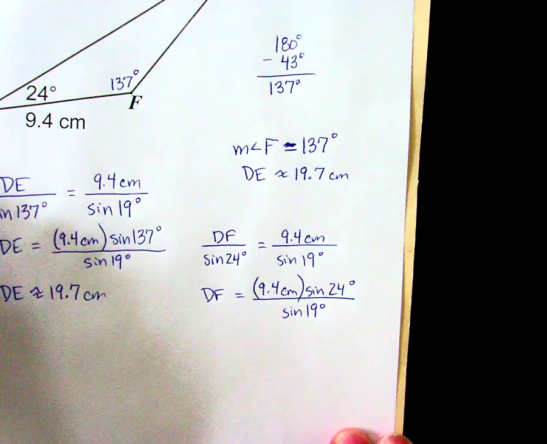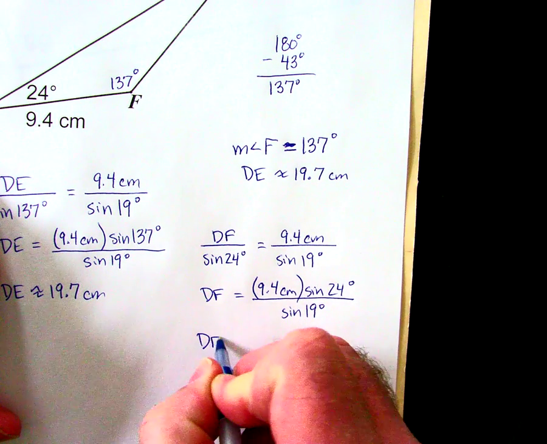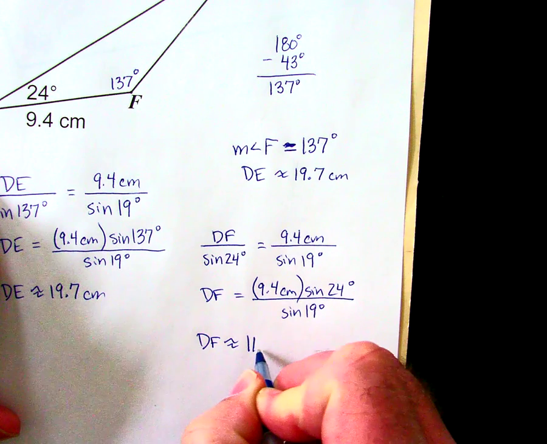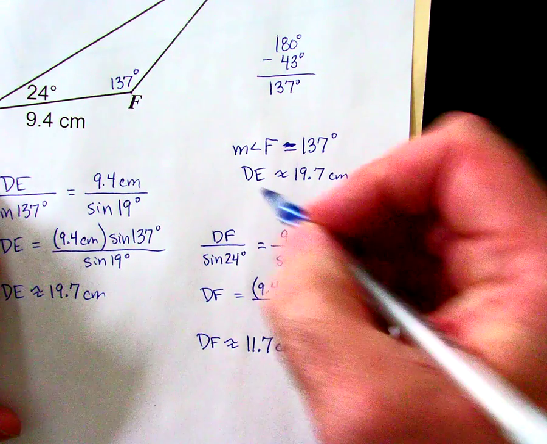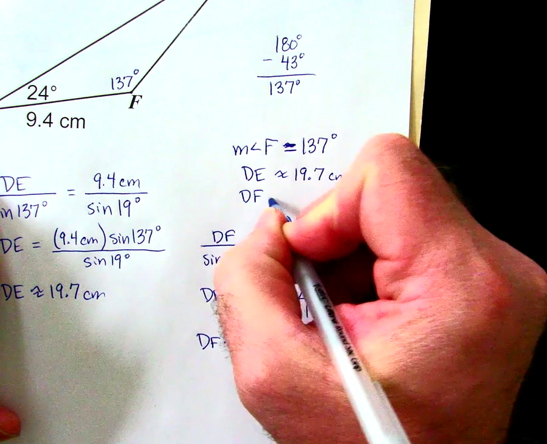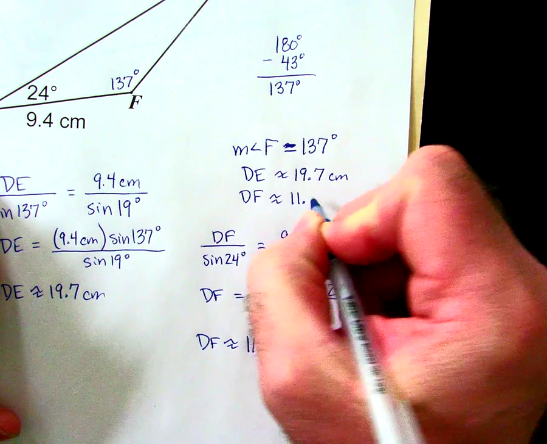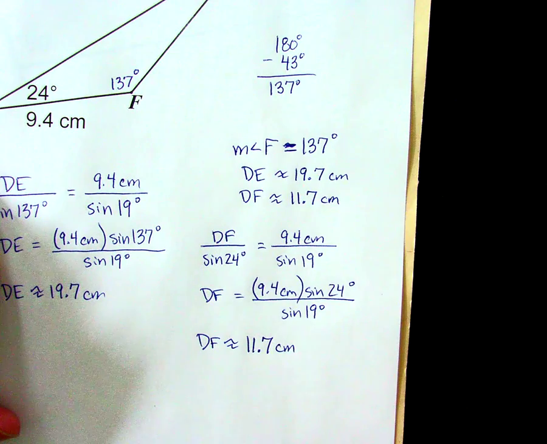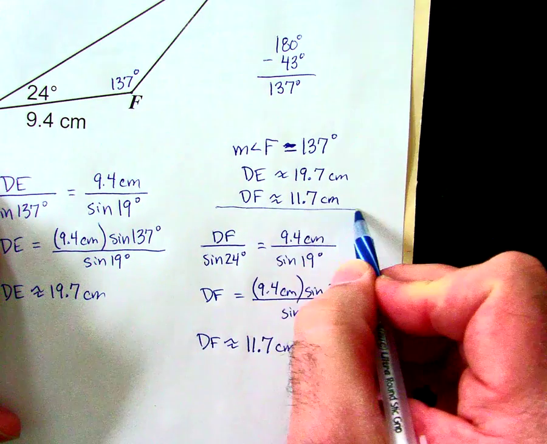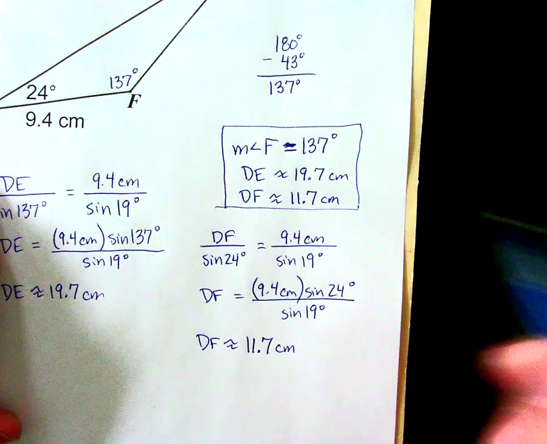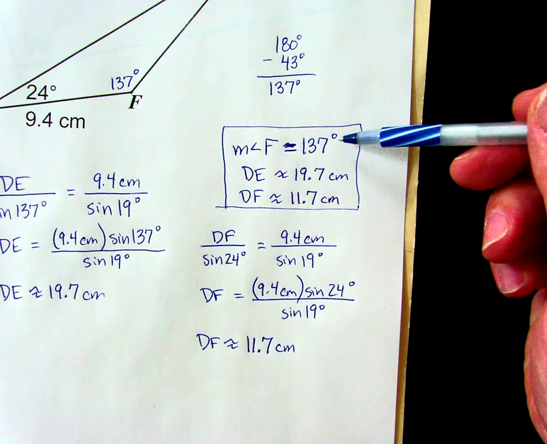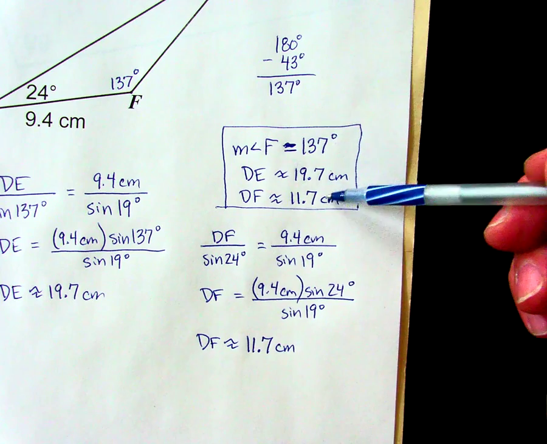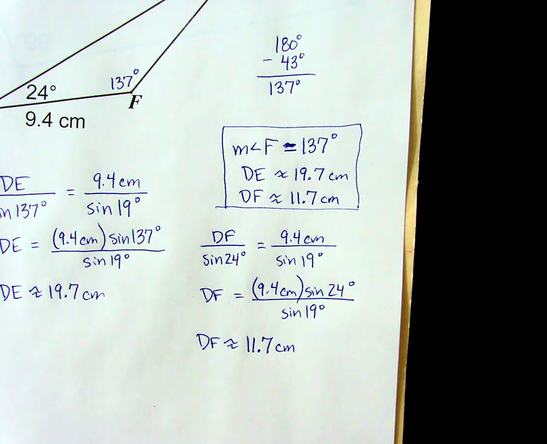The distance from D to F is about 11.7 centimeters. And that completes solving the triangle, because if I knew three measurements, either angles or sides, that means there are three other measurements that we didn't know. So I found the one remaining angle and the two remaining side lengths. That is all for that video.